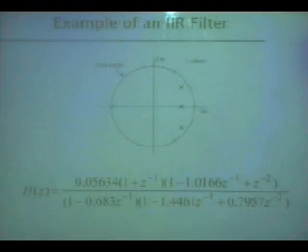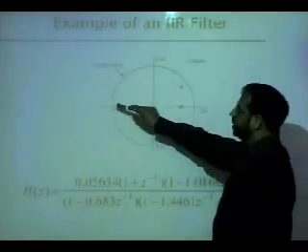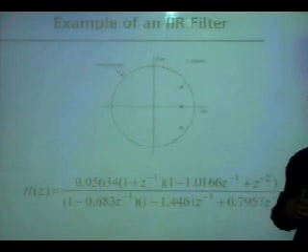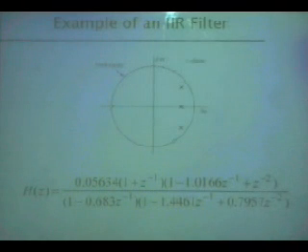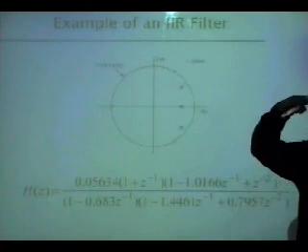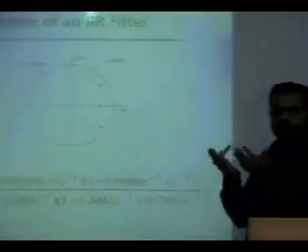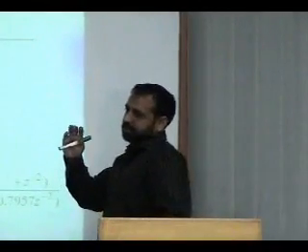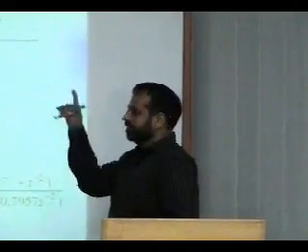It's a simple graphical technique. In this example, I know for sure that there are going to be 3 dips where the response will go to 0. If zeros are exactly placed on the unit circle, the response will dip to 0, and if the poles are closer to the unit circle, your response will go up. So if you want to lift the frequency response, you move your poles closer to the unit circle, because it is 1 over this value.